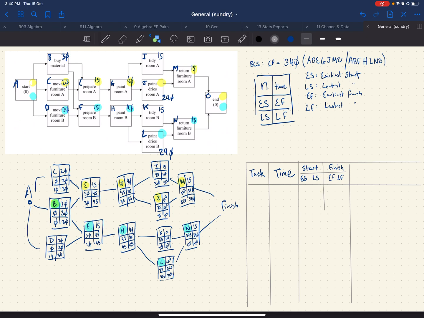Now my float. And lastly, is this task on the critical path? All right, so A, B, C, D.